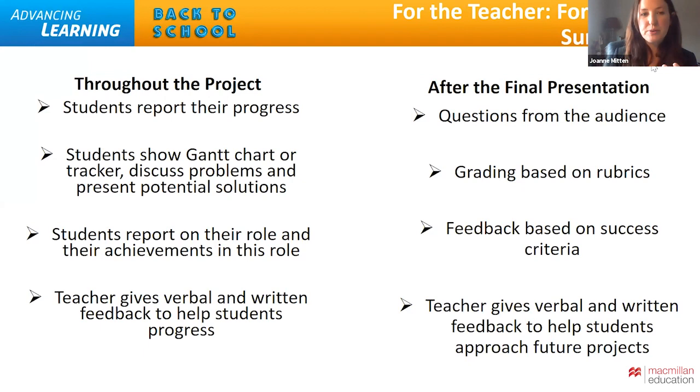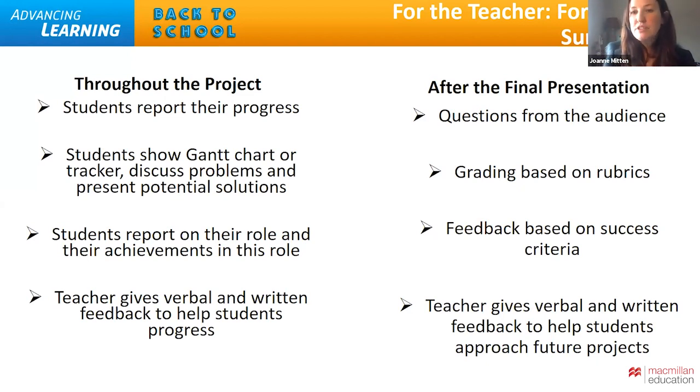So throughout the project, the students are reporting their progress, they're showing their Gantt chart, their tracker, they're reporting on their role and their achievements in the role. And as that's going along, you're giving verbal and written feedback to help the students, but remember also to keep a record of it yourself. So for each group and for each student, you have a record of that formative assessment that you're giving to the students as they go along.